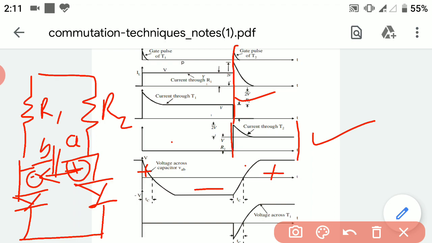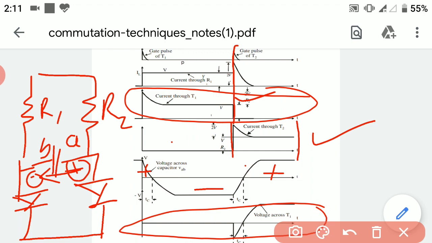Now the last waveform is of the voltage across the thyristor. You can leave that waveform, or if you want to discuss it here, you can see that the thyristor T1 has a voltage waveform during the T1 phase. Actually this is the T1 current and this is the T1 voltage. As current flows through the thyristor, the drop will be 0.